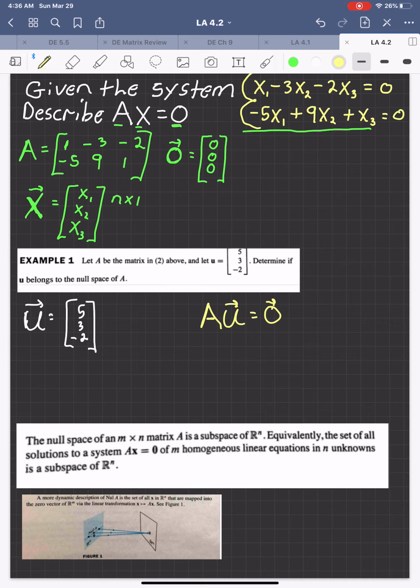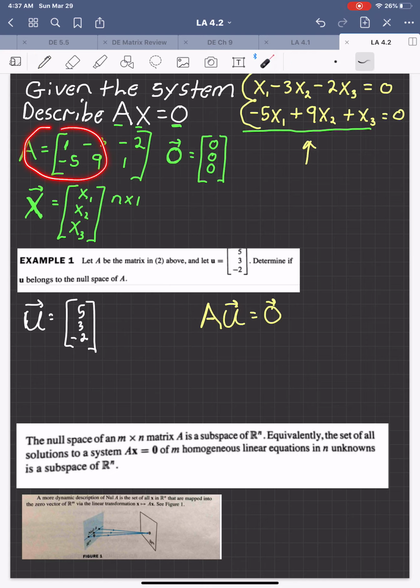Basically, it's asking if vector U is one of the solutions to the equation, which is the same as asking if vector U is a solution to the system I first wrote above, which is the same as asking if the linear transformation of matrix A will map vector U to the 0 vector.